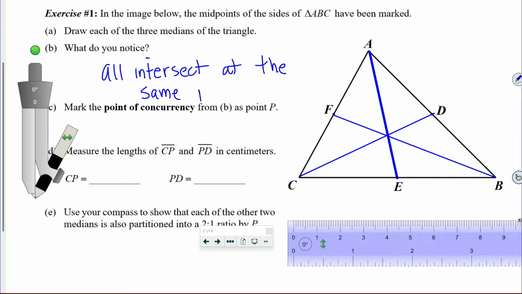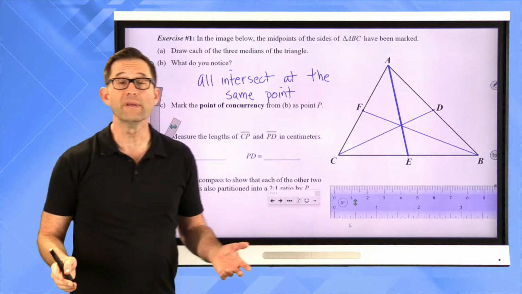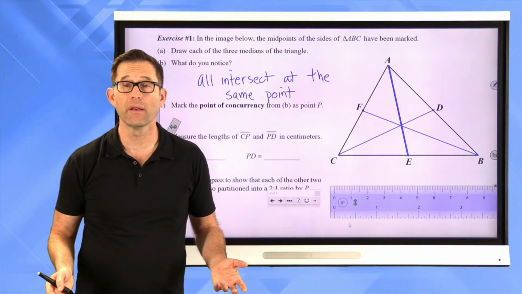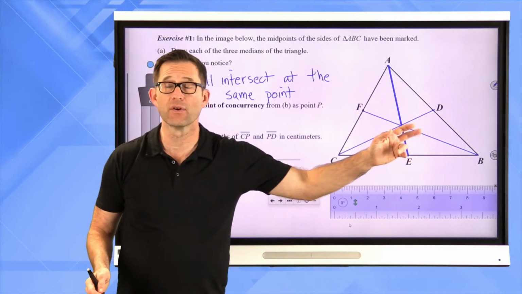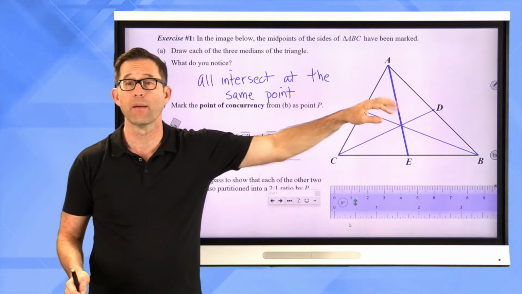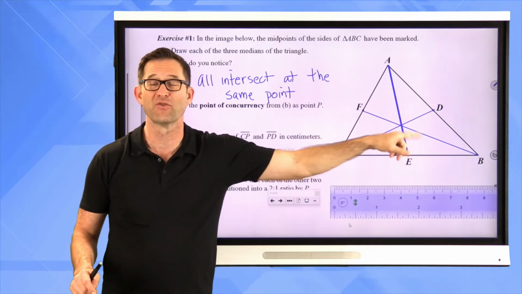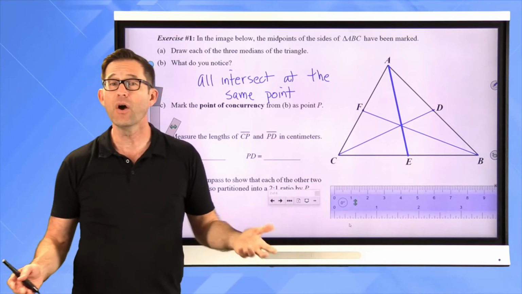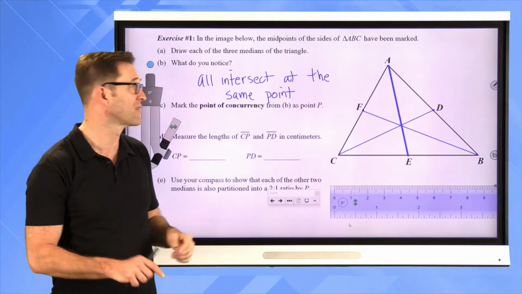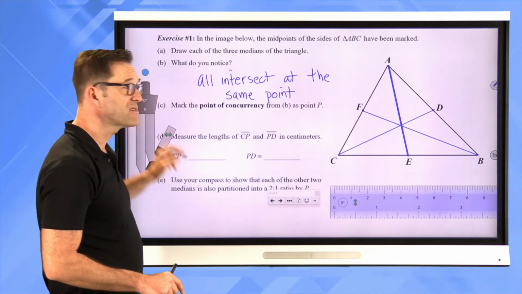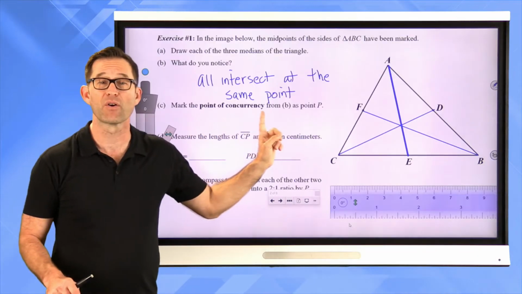And that is kind of remarkable. There's no real reason why they should have to do that. It could be that two of them intersect over here, another two of them intersect over here. Maybe they intersect in a way that forms some kind of other triangle inside of here. But no, all three of them intersect at the same place, and that's called a point of concurrency.